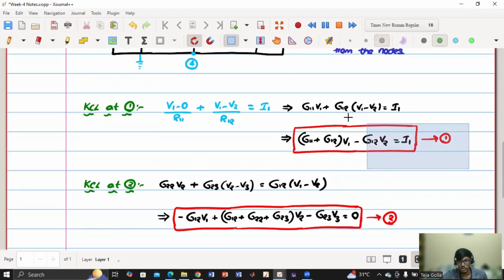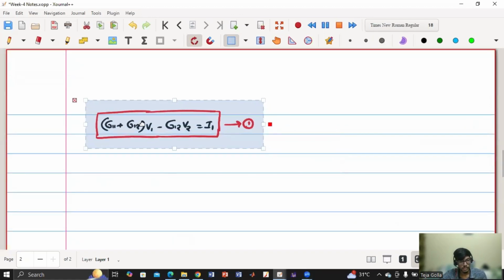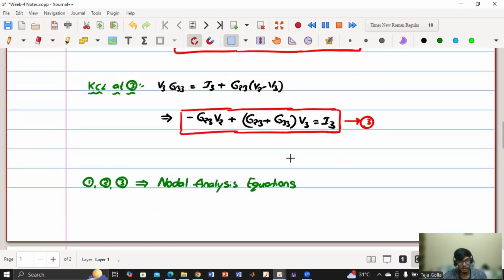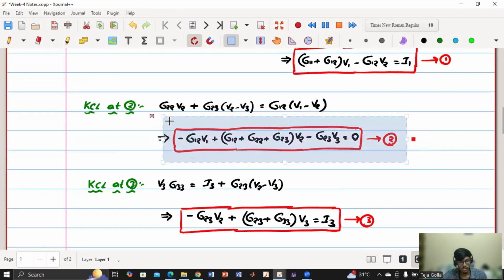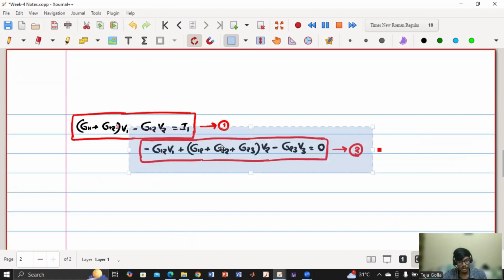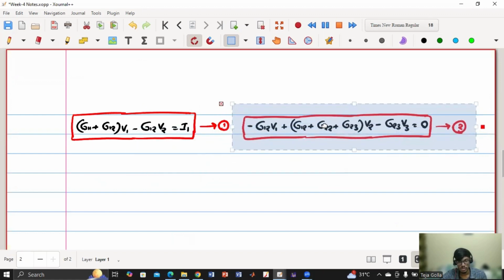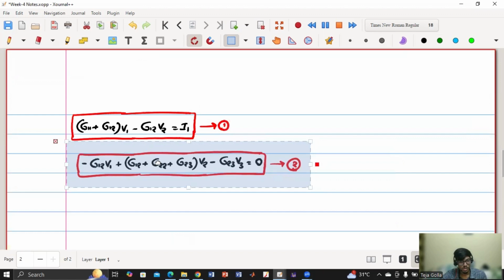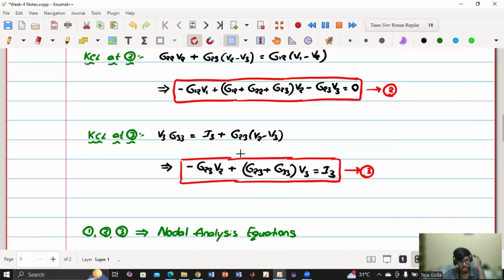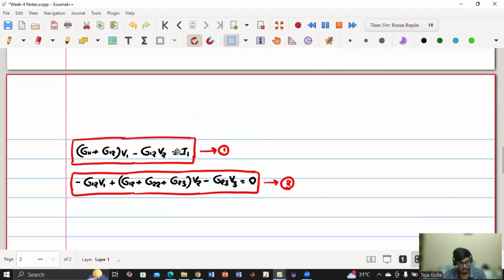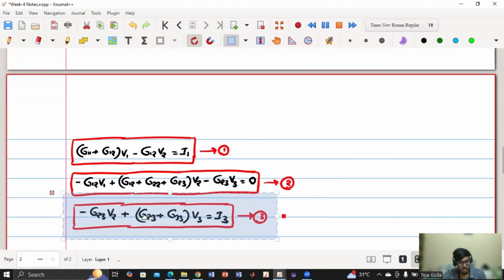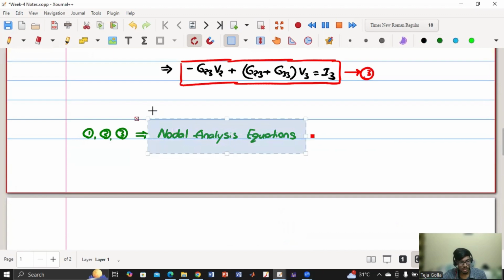I'll show you. Let me write it here. This is our equation 1 and this is our equation 2. We'll write this in terms of a matrix. And this is equation 3. So these are the nodal analysis equations.